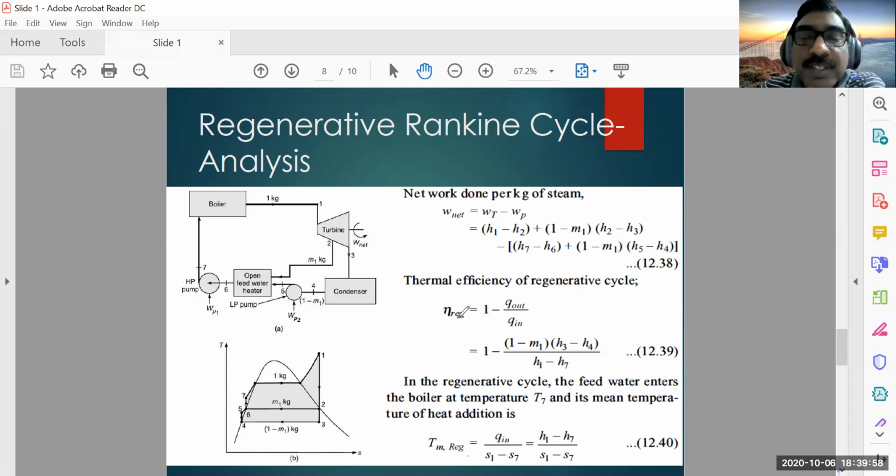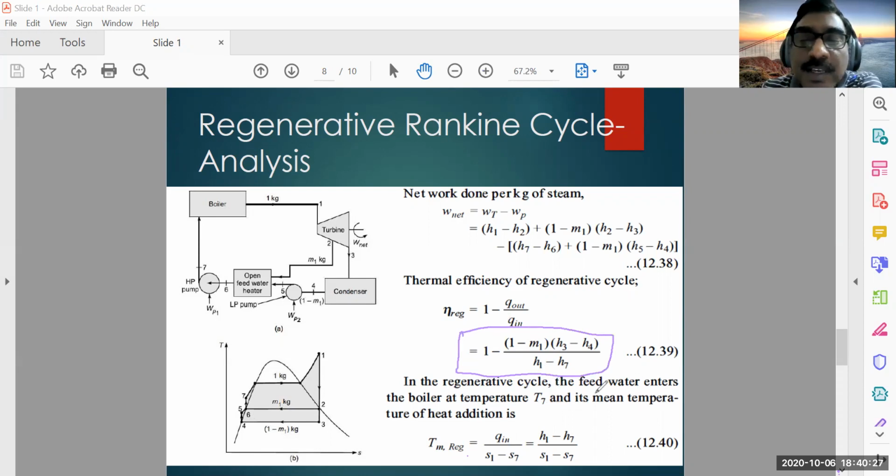So the thermal efficiency, eta REG, means the regenerative Rankine cycle efficiency, is 1 minus Q out by Q in. So Q out is (1 minus m1) into (H3 minus H4) divided by Q in, H1 minus H7. So this is the efficiency of the regenerative Rankine cycle.